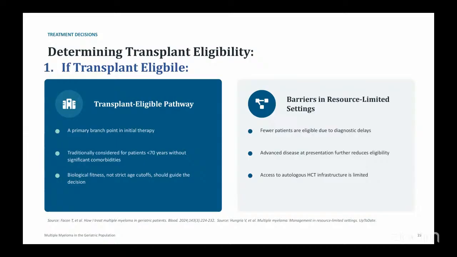For example, a biologically fit older adult may tolerate intensive treatment better than a younger patient with substantial frailty and comorbidities. Therefore, a modern approach is increasingly based on biologic fitness rather than an absolute age cutoff, even though the age cutoff itself is not absolutely ineffective. It has some effectiveness. However, sometimes you would find an older patient who is fit, so it may be beneficial to consider them even for transplantation.